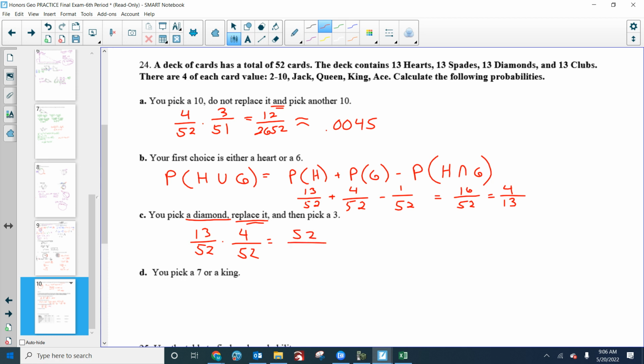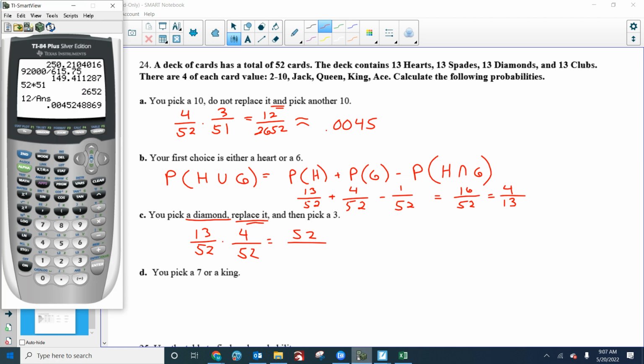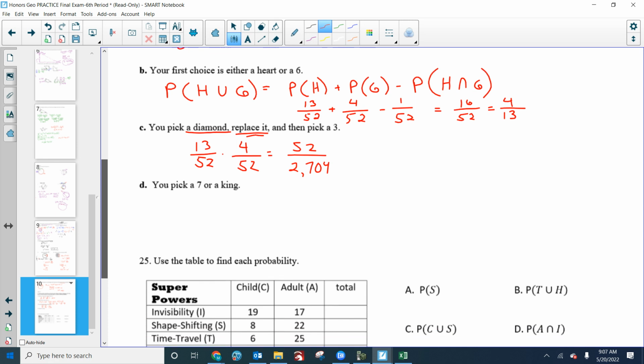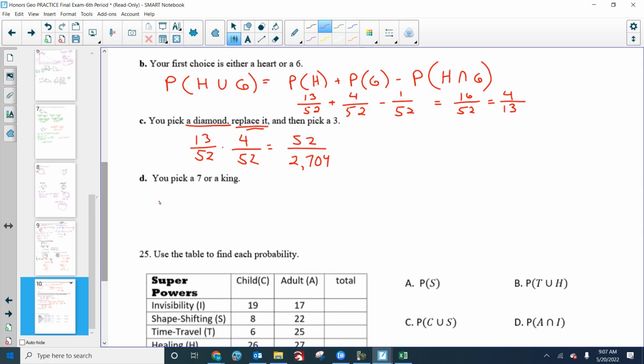Now be careful. When you're multiplying fractions, you multiply the denominators. When you add fractions, you keep the common denominator. All right, you can reduce that. You can type it in your calculator, but that's the number you're looking for. All right, pick a 7 or a king.